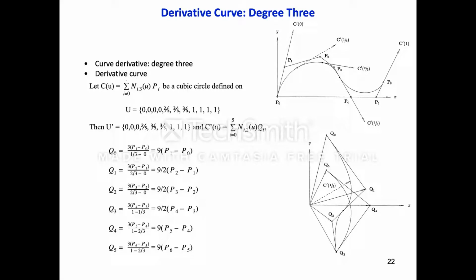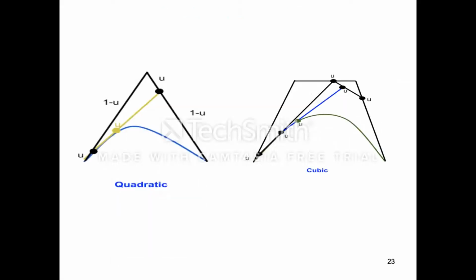Even here, the Q values range from Q0 to Q5, and we get the following curve on the right. Here is a simple example of a quadratic and cubic curve, how it shows.